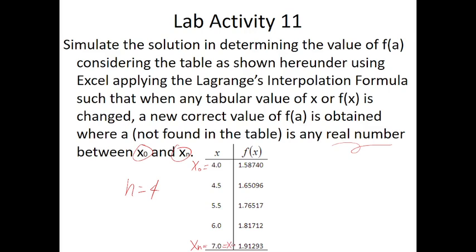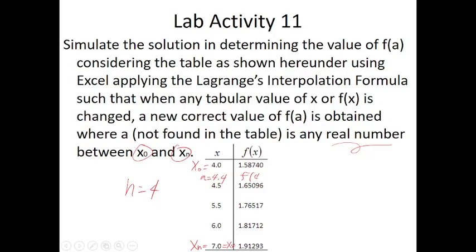Now between 4 and 7, a is not found in the table. So it can be, let's say, 4.4. So let's say a is 4.4. So what is f of 4.4?